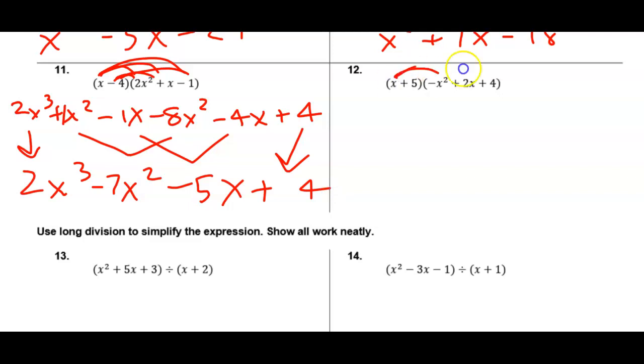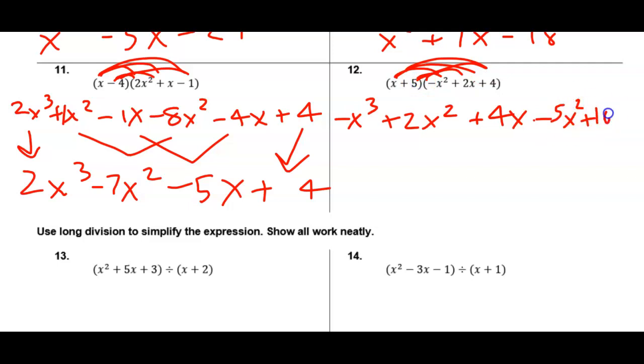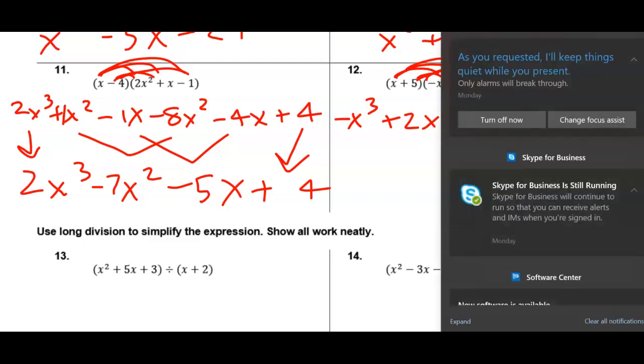Same thing here. Multiply all three. So I got negative x cubed plus 2x squared plus 4x. And then multiply all three. Minus 5x squared plus 10x plus 20. I don't know if you can see that.